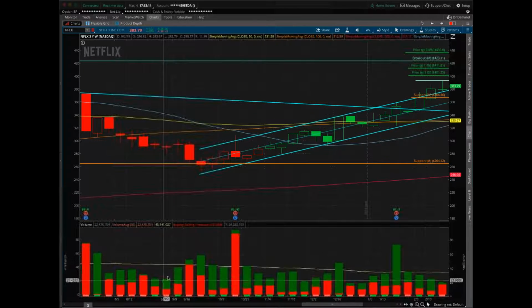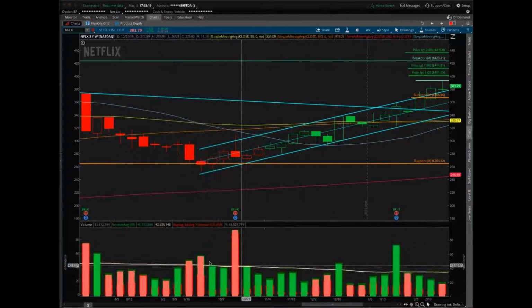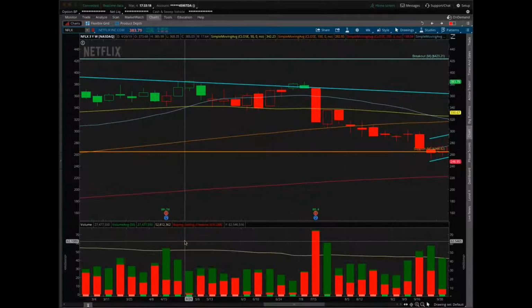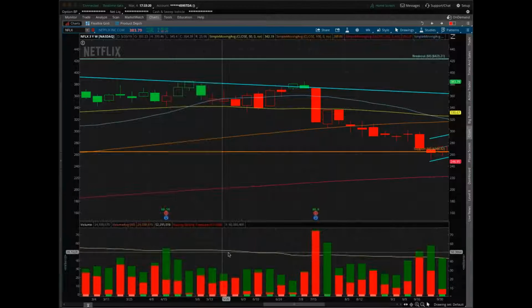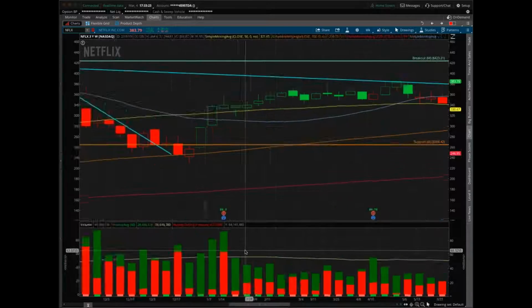When it tapers up or tapers down, there's going to be an explosion of volume.